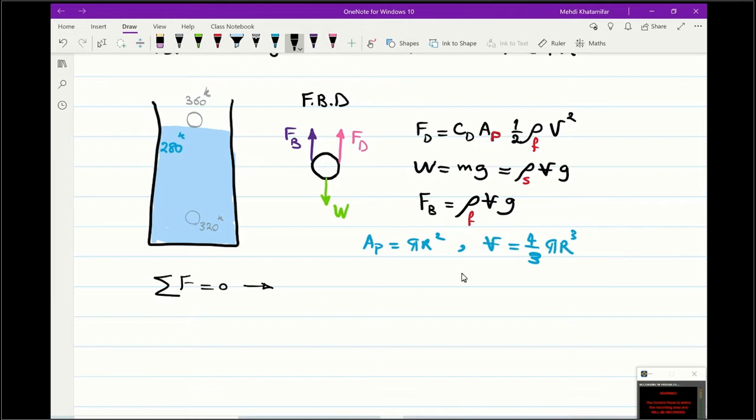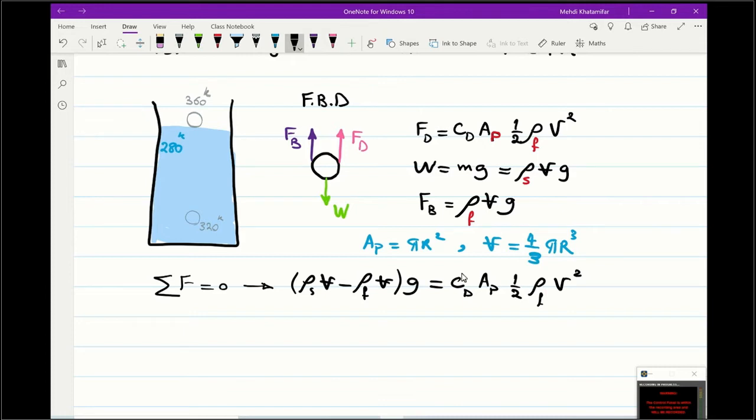So rho for solid times volume minus rho for fluid times volume times g must be equal to the drag coefficient times projected area times half rho times velocity squared.